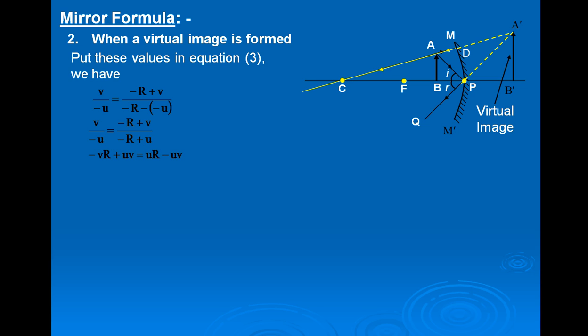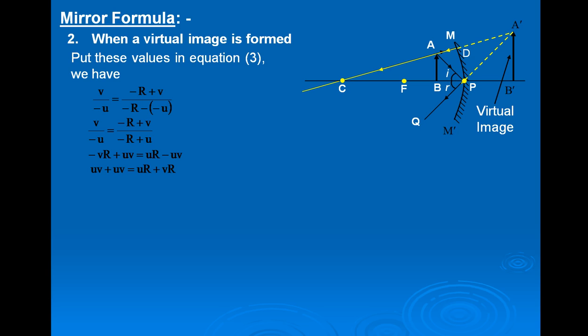Now cross multiply: we get minus vR plus uv is equal to minus u into minus R, which becomes plus uR, minus uv. That is, minus vR plus uv is equal to uR minus uv. By rearranging, we get uv plus uv is equal to uR plus vR.